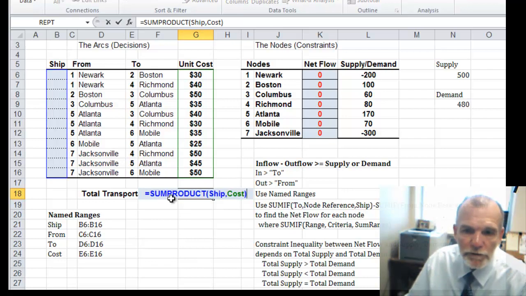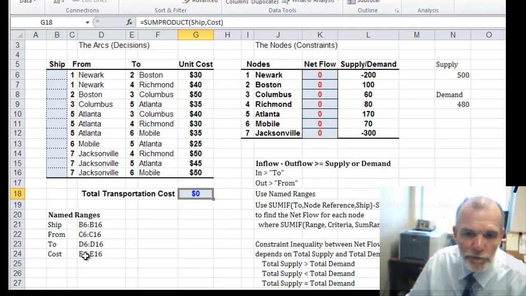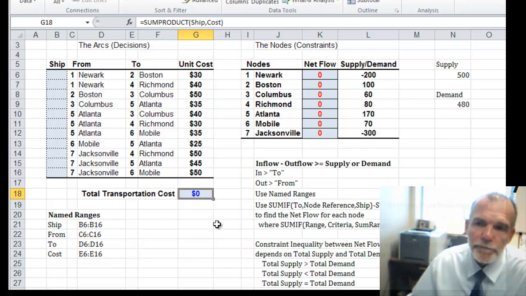And notice it's just a SUMPRODUCT of the ship and the unit cost, but you don't see cell references here. You see what looks like just a word. Well, that word is something called a named range, and you can see the way that we've named the ranges here. It's going to be very convenient, and it's going to make life much easier when we do these calculations and set up our functions if we use this idea of a named range.